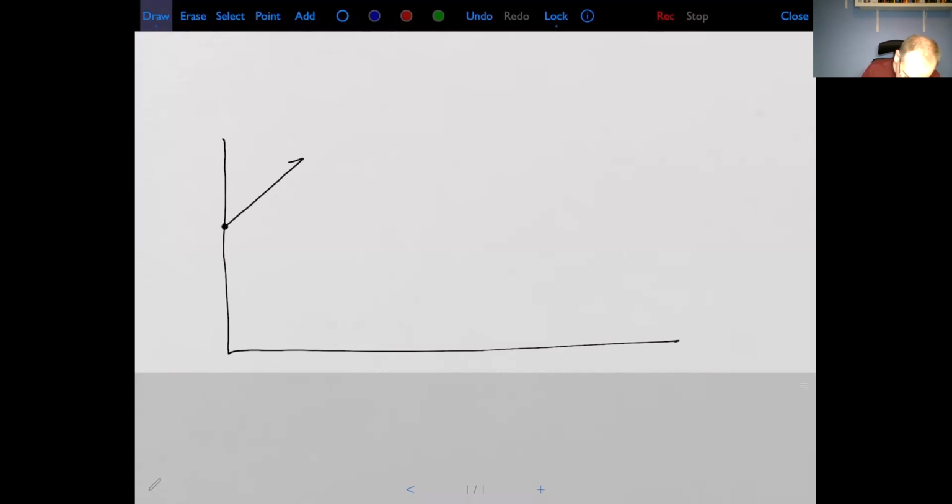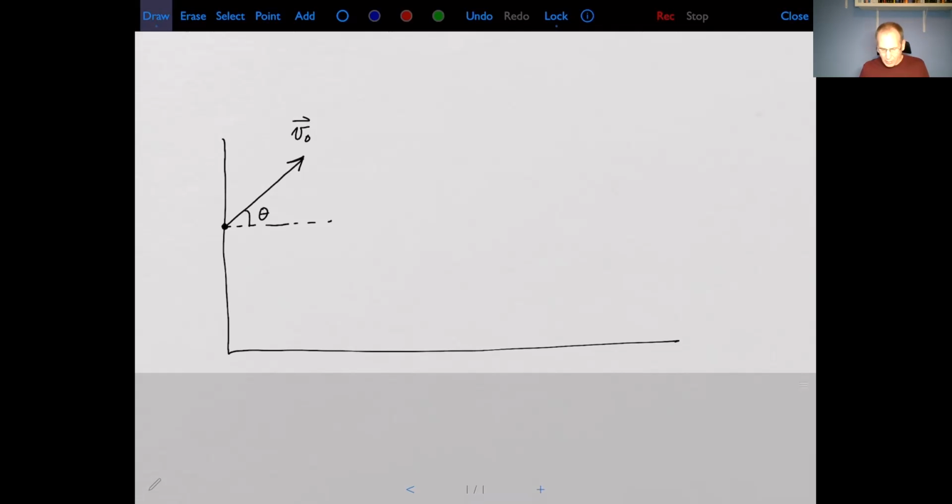Okay, so let's say we have an object. It's being launched from some particular height at some speed and at some angle. I'm going to call this my initial launch velocity, v naught. And that vector makes an angle theta with the horizontal.